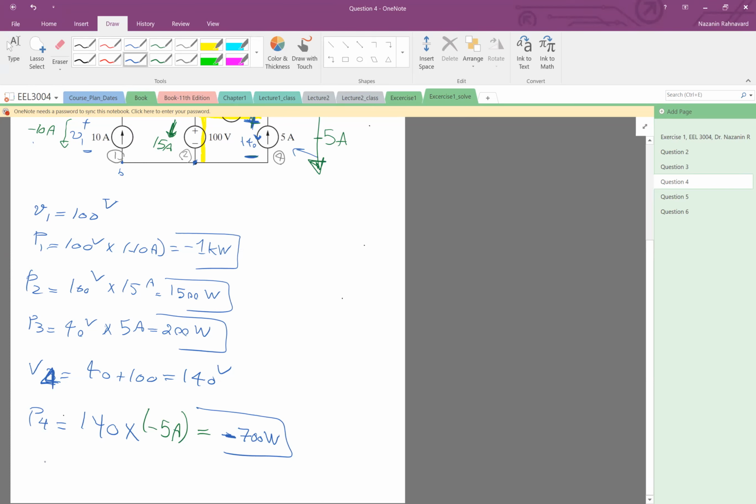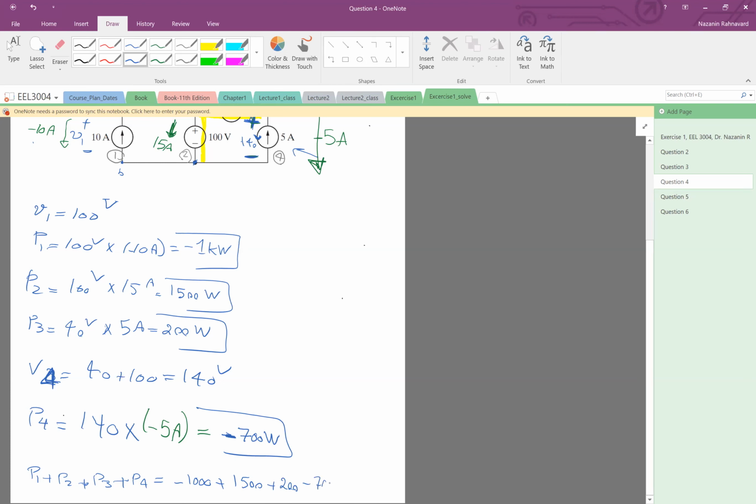So let's add them up. P1 plus P2 plus P3 plus P4, just to see if I did the math correctly or not. P1 is negative 1000. P2 is 1500. P3 is 200.